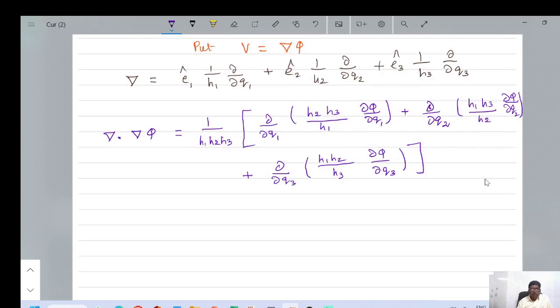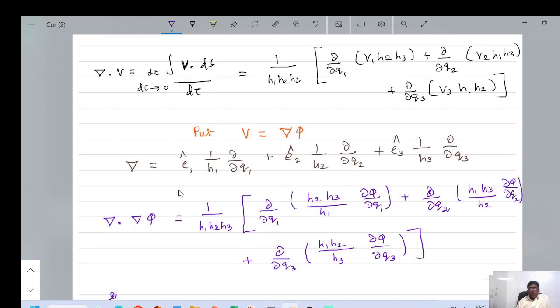Now the value of del square is equal to del dot v, this is the divergence of a vector.